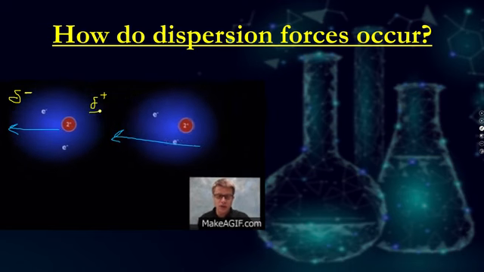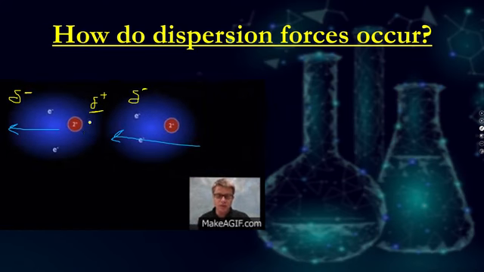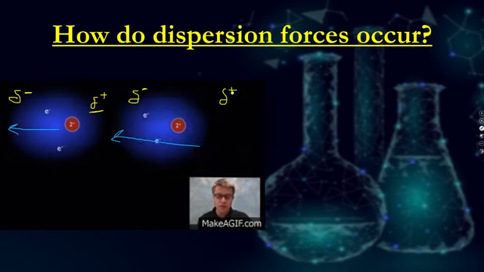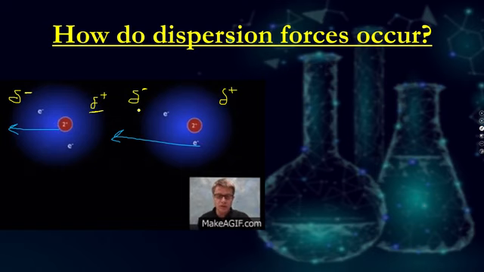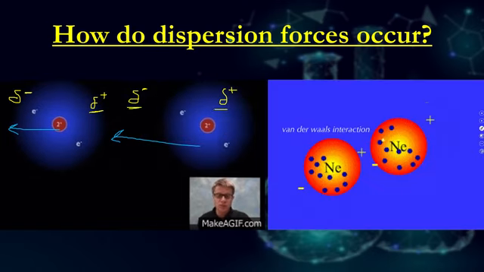So if we have a partial positive charge, this atom will then develop a partial negative charge because it wants to attract to the positive charge, and so we're left with a partial positive charge on this end. It might be a little bit confusing, but look at this diagram here.